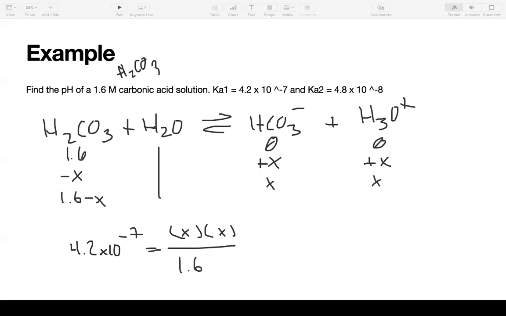So we could do 4.2 times 10 to the negative 7 multiplied by 1.6 equals x squared. And then we could do the square root of this to cancel out the square, and then just solve through.